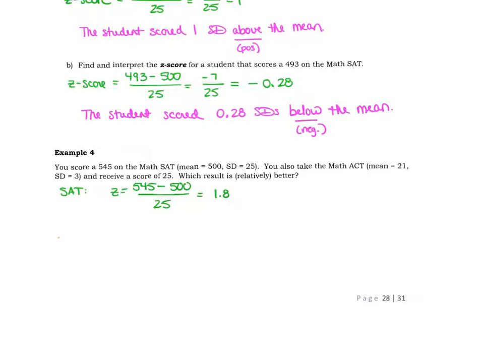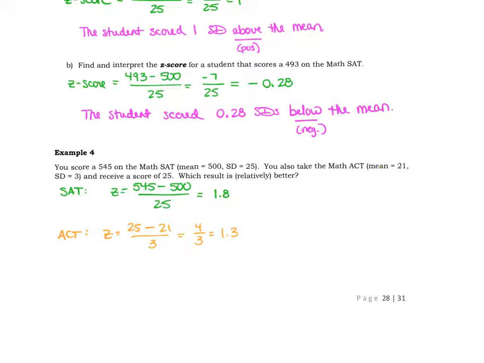When we look at the ACT, the score was a 25. The mean is 21. And the standard deviation is 3. So that's 4 over 3, which is 1.33333, etc. So, in which case did you do better? Well, in which case were you more above the mean?